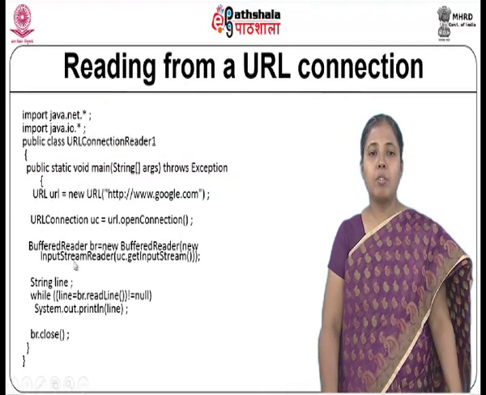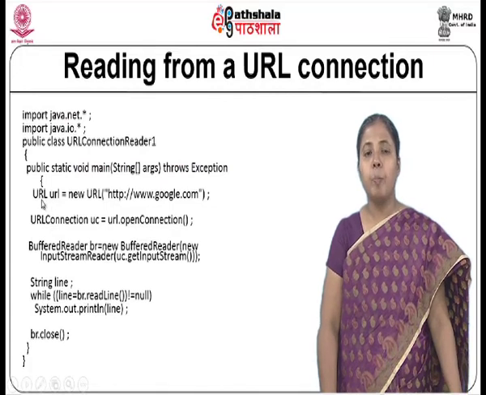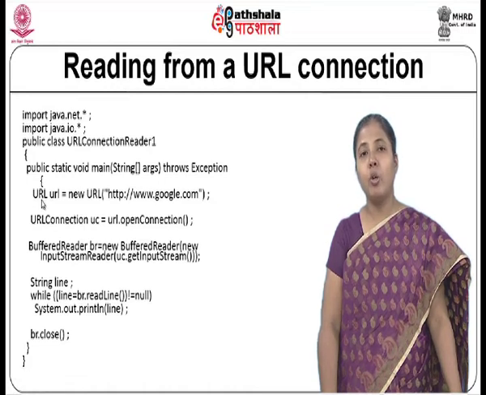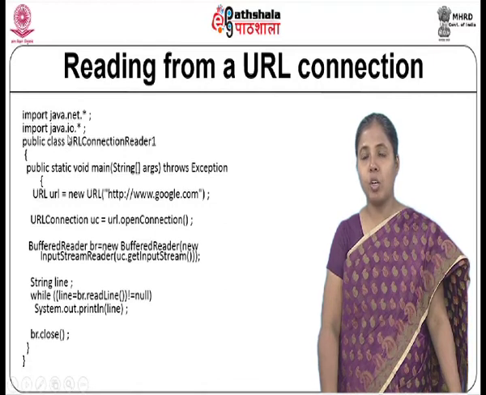Now, this is a simple example of what is happening. Previously we have seen that you directly make use of the URL class to read a stream. Now, you are going to read from a URL connection. So, here you need to import the packages java.net.* and java.io to work with the IO classes and the net classes.